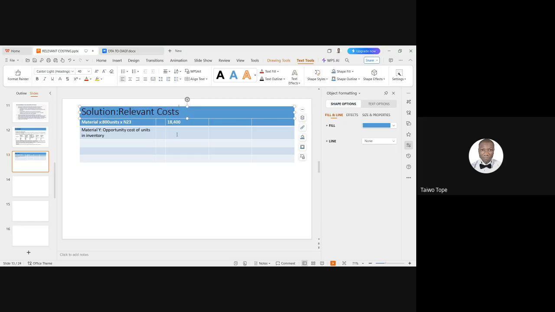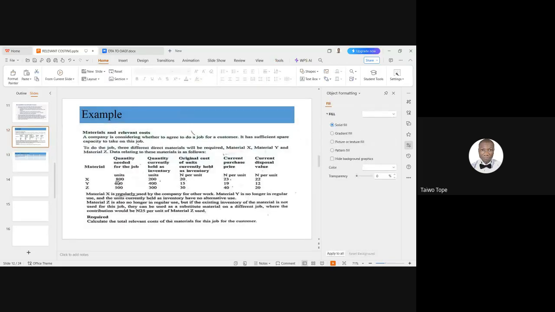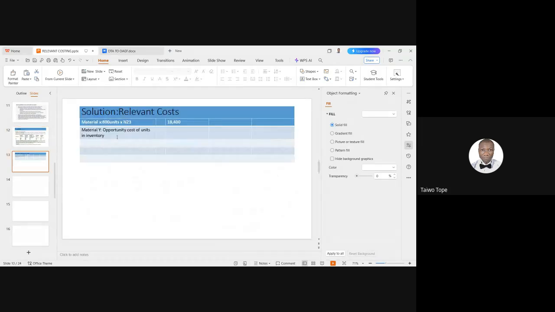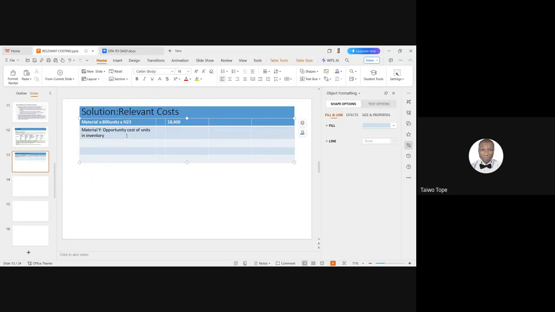So material Y, we have opportunity cost of units in inventory. The opportunity cost will be what? Units in inventory, 400. This is the disposal value. And the value is what?